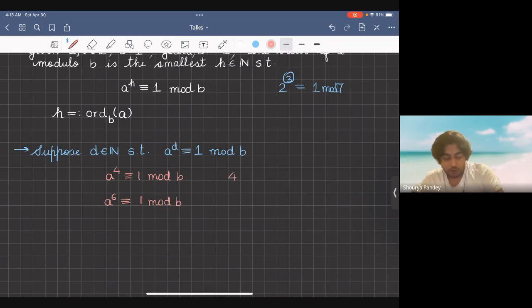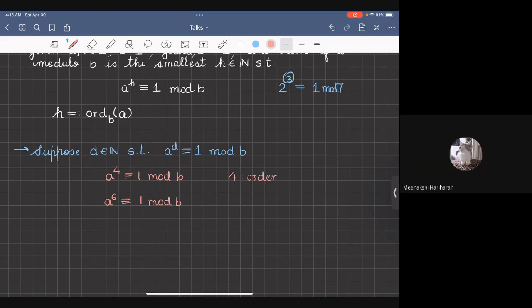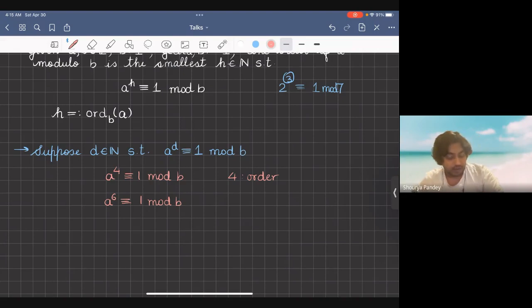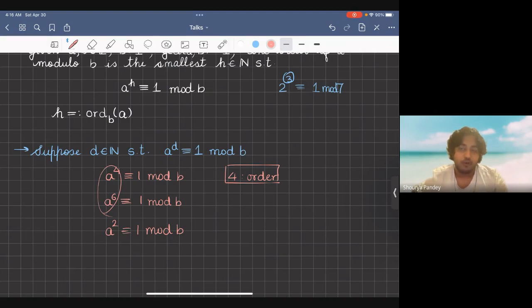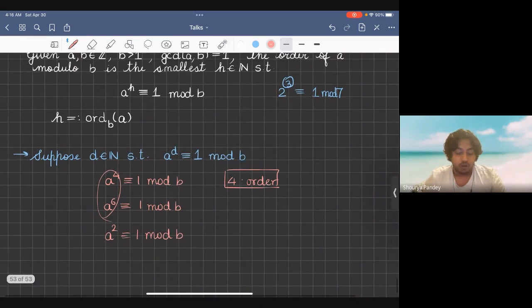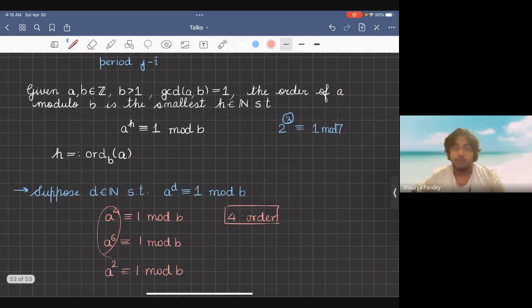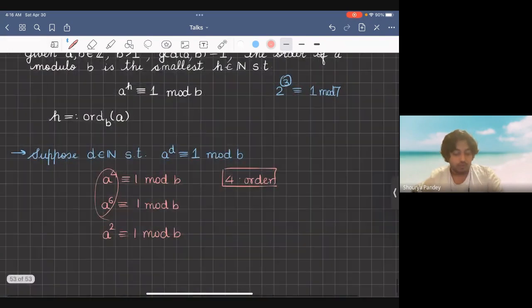Where is the contradiction? Can you get a smaller number than 4 such that a to that number is 1 mod b? Yes, also 2, exactly. From this we deduce that a squared is 1 mod b. But that's a contradiction, because I said that 4 is the order. By definition, the order is the smallest natural number for which a to the h is 1 mod b. So this cannot happen.